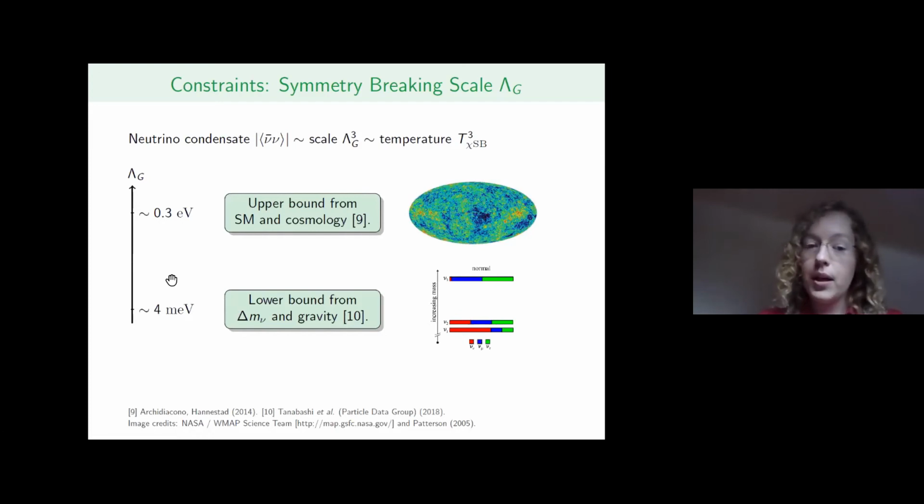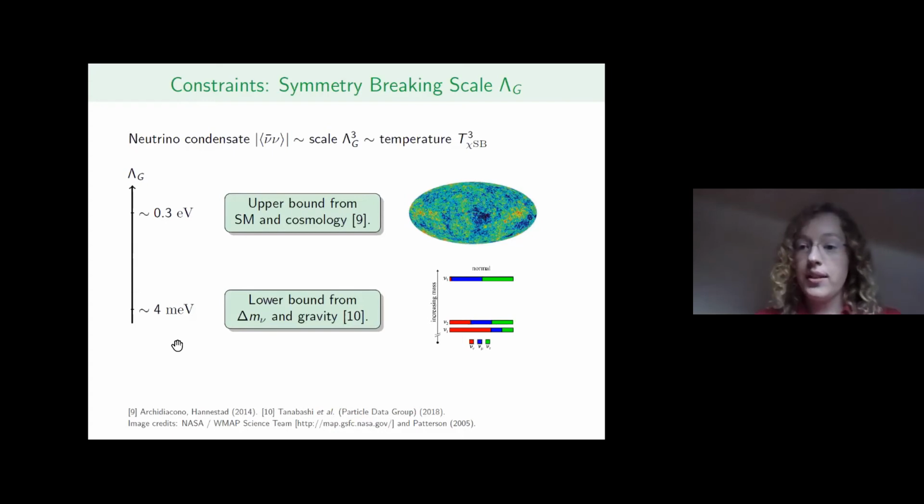Then there's another bound coming from the gravitational sector, because we have measured gravitational interactions, so Newtonian law, for very large distance scales, corresponding to low energy scales, and up to the energy scale of millielectron volt, which is corresponding inversely to distance scales of around millimeters, micrometers.